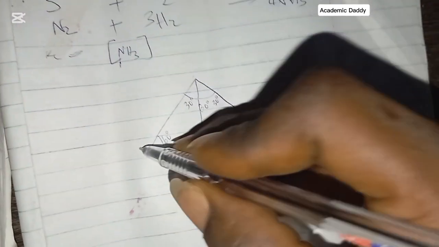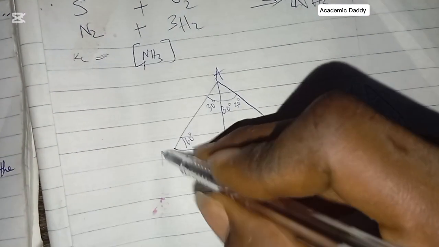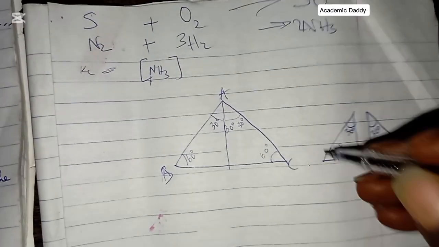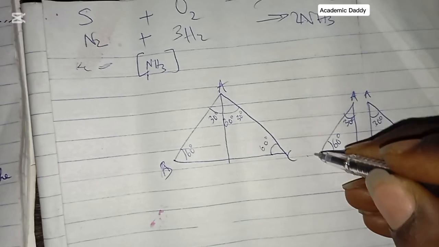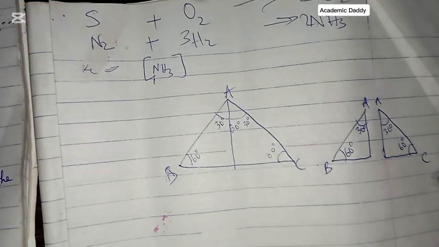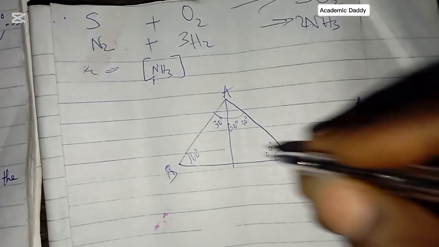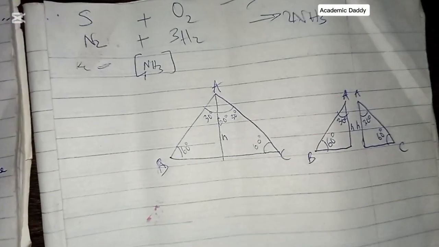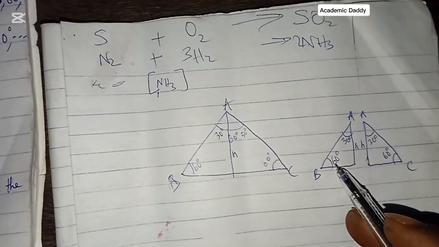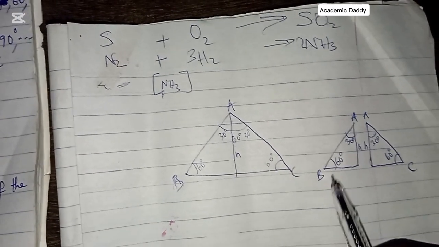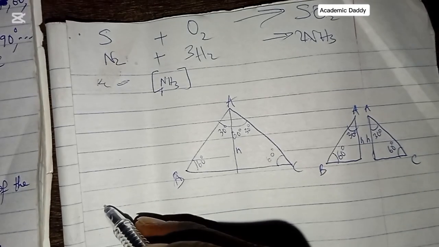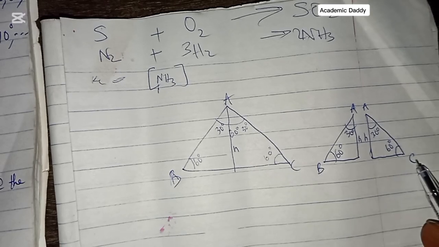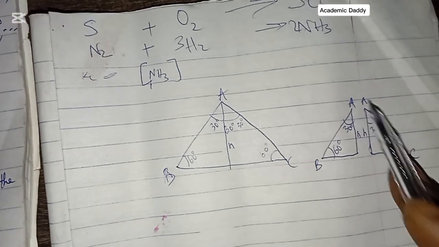So let's say I call here A, call here B, call here C. If I call this A, this is B, this is C. Let's say I call here H for height. If I want to do the sine of 60 now, notice that I have 60 degrees for B, 60 degrees for C, and 30 degrees for A in two places.